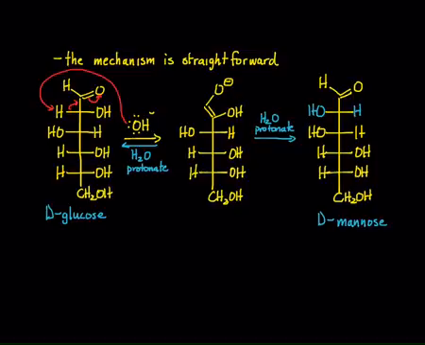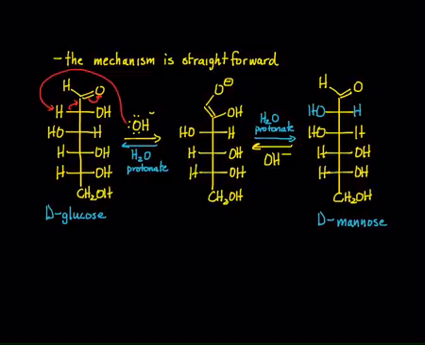Obviously not a whole lot of D-mannose, but certainly enough D-mannose that we can isolate, right? And of course, that reaction is in equilibrium with the free enolate, the straight chain enolate, which is in equilibrium with D-glucose. Okay, so that explains the formation of mannose.